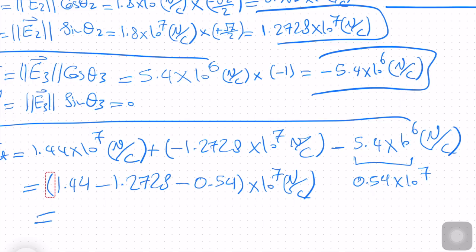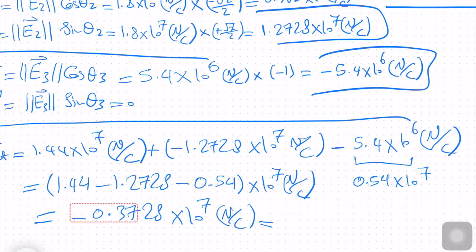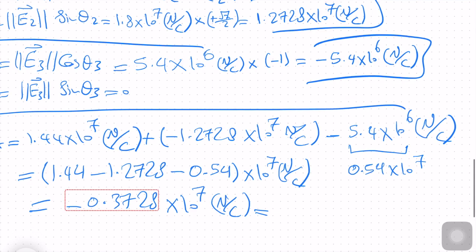Okay, let me quickly plug this in my calculator. So this is minus 0.3728 times 10 to 7 Newton per Coulomb. So in scientific notation, I have to actually turn this into a number between 1 and 10.